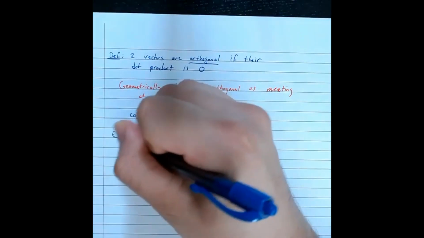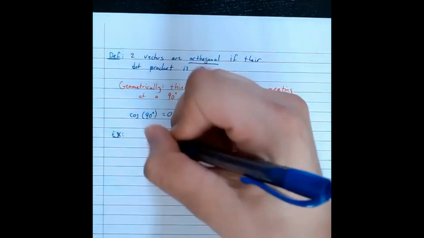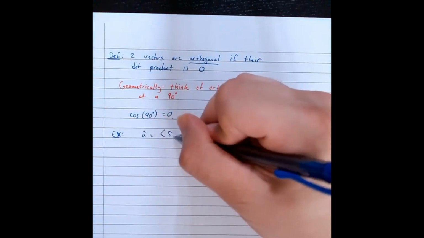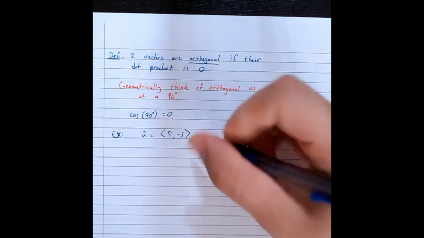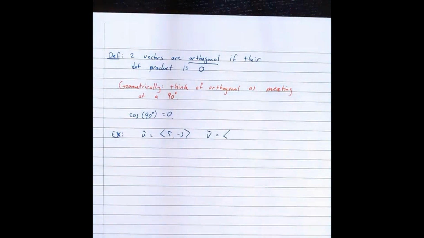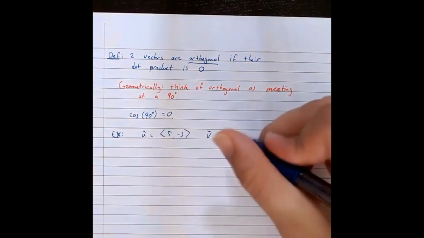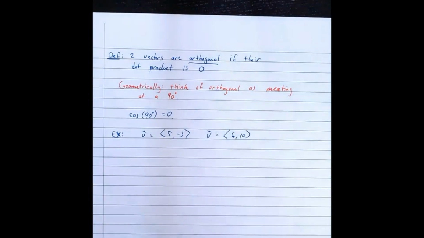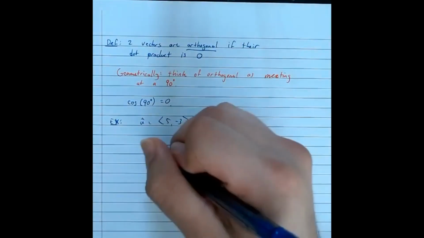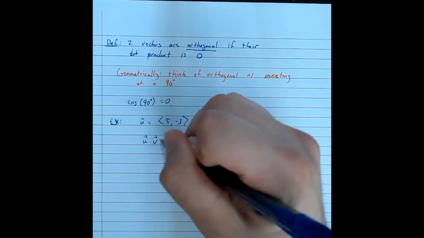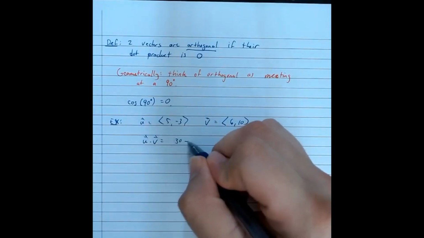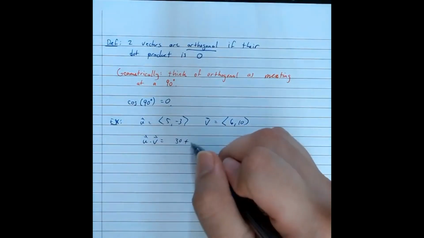So for example, note that I have the vector u is equal to 5, negative 3. And let's say the vector v is given by 6 and 10. Then you would say, okay, well, the dot product of these two is equal to 5 times 6, which is 30, plus negative 3 times 10, which is negative 30.